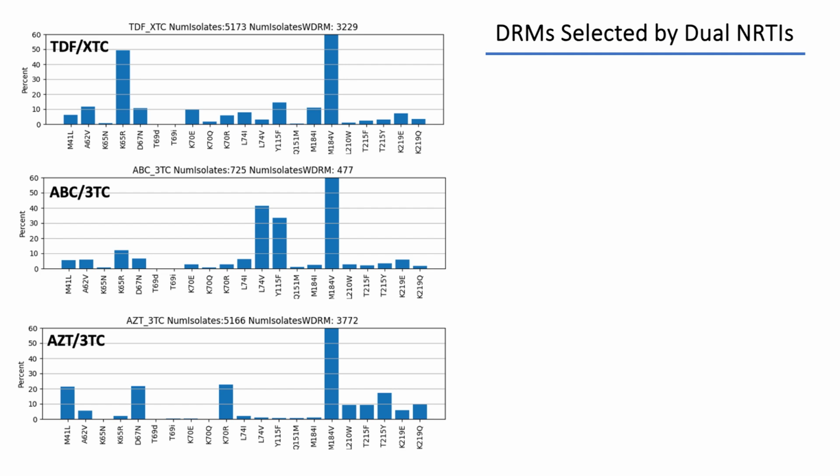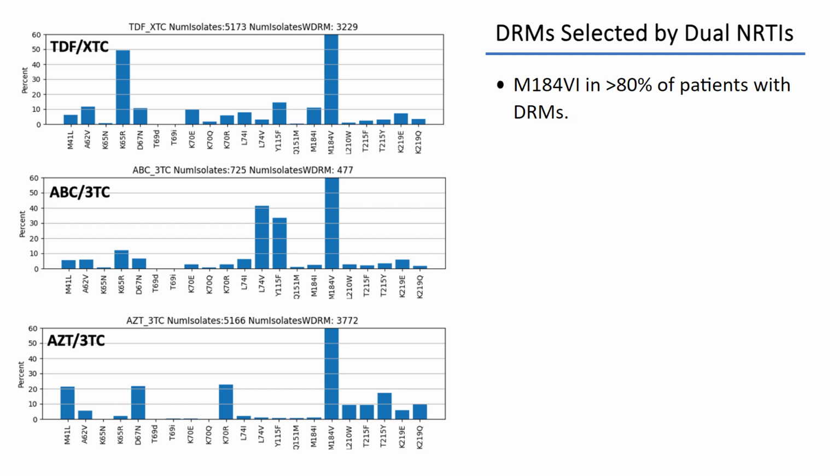Sequenced viruses were available from about 5,200 persons receiving TDF-XTC, of whom about 3,200 had at least one NRTI DRM, from 725 persons receiving abacavir 3TC, of whom about 500 had at least one DRM, and from about 5,200 persons receiving AZT 3TC, of whom about 3,800 had a DRM.